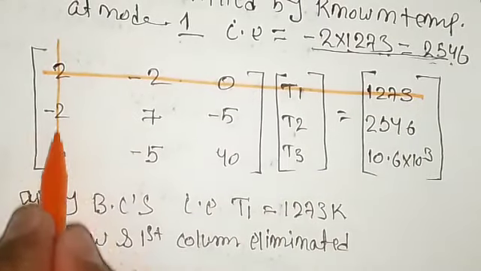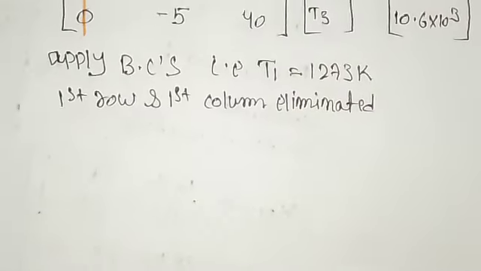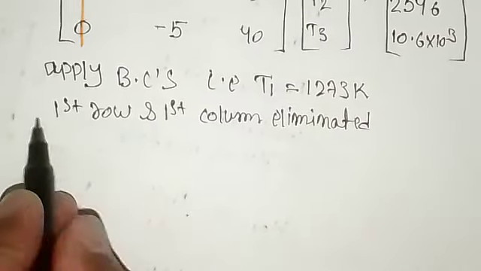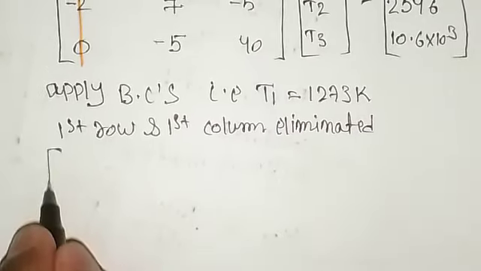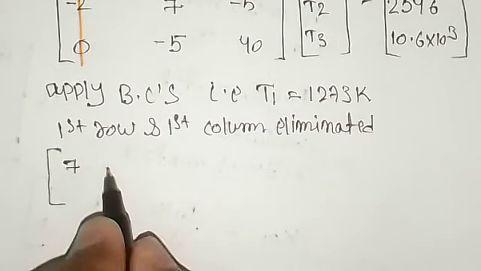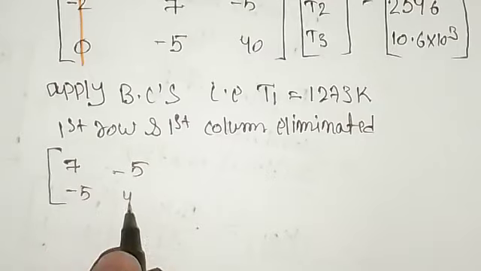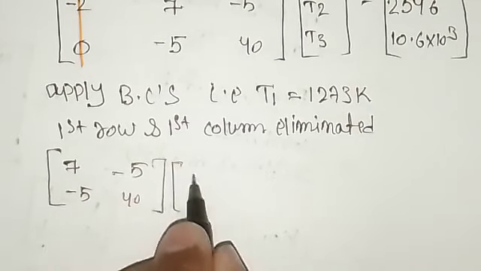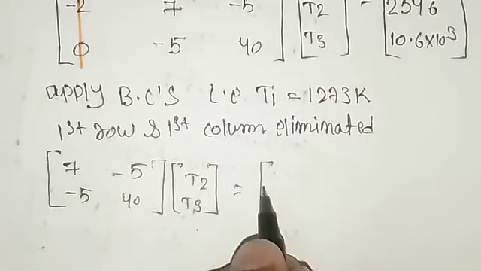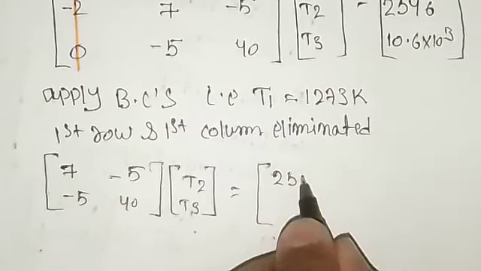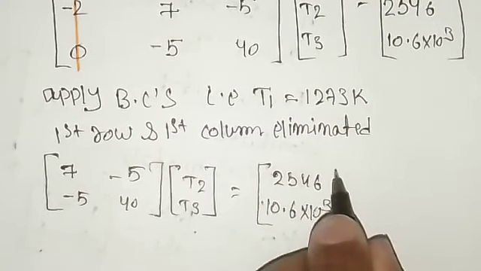So the matrix is reduced in this format: 7, minus 5; minus 5, 40, and T2, T3, this temperature we have to find, and the force is 2546, 10.6 into 10 to the power of 3, right?